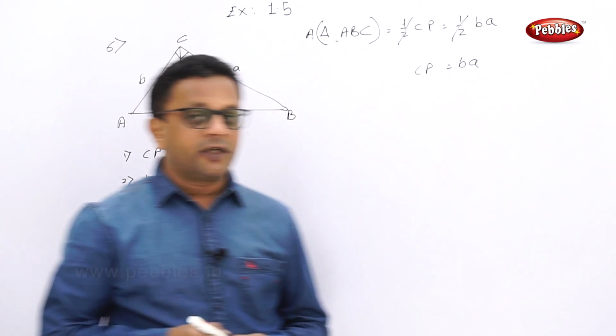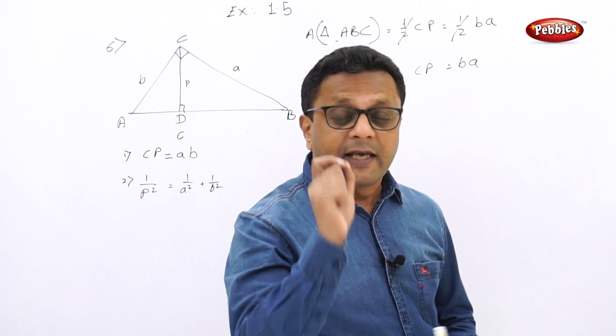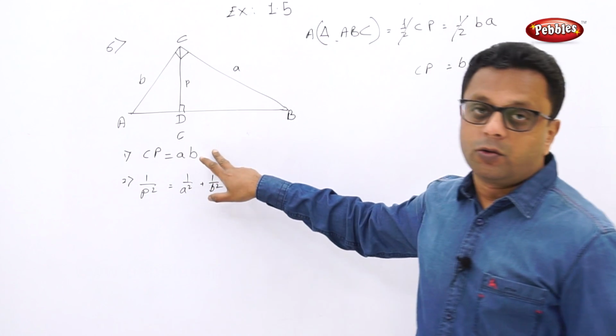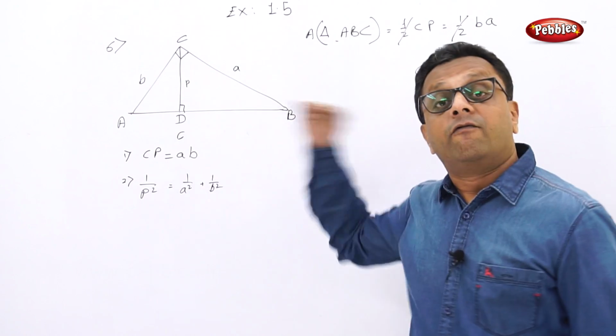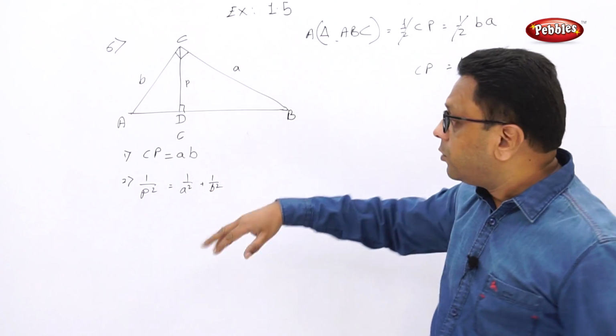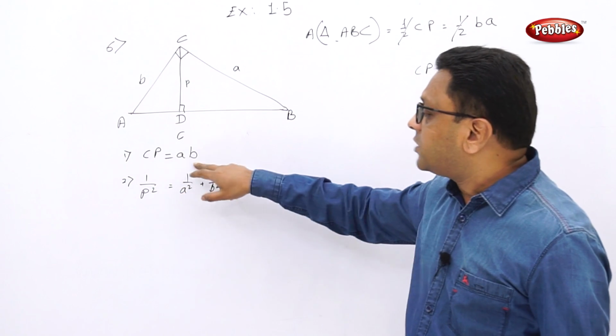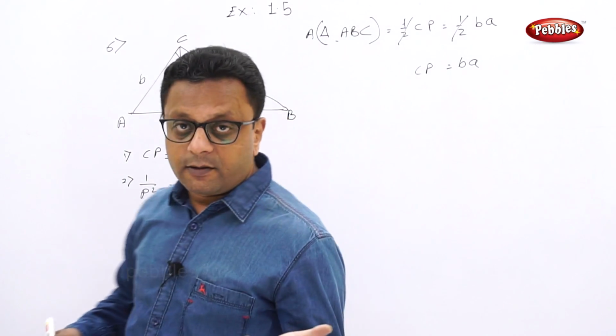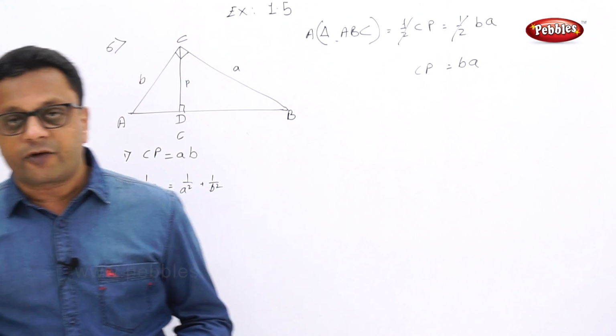So the first part was very simple, but the only catch was you should be able to understand what to do, and I will just explain why to do. You have to see that this is the product of the sides, and when we get the product of the sides in case of a triangle, obviously it is the area of a triangle.